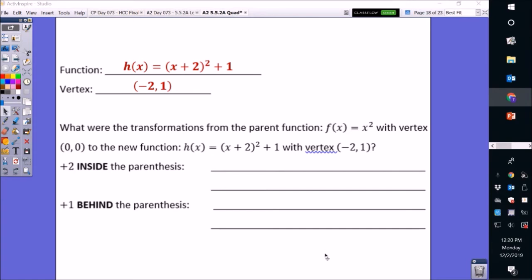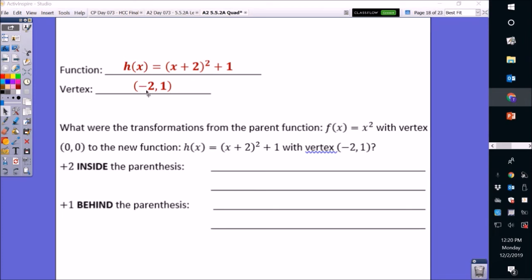So we're in the third part. With this given equation, h of x equals the square of x plus 2, and then plus 1. If I apply the rules for the vertex, the opposite x, so I look at the plus 2, which is the same as positive 2. The opposite of positive 2 is negative 2.